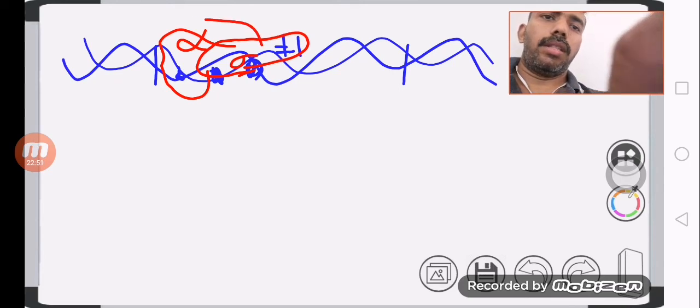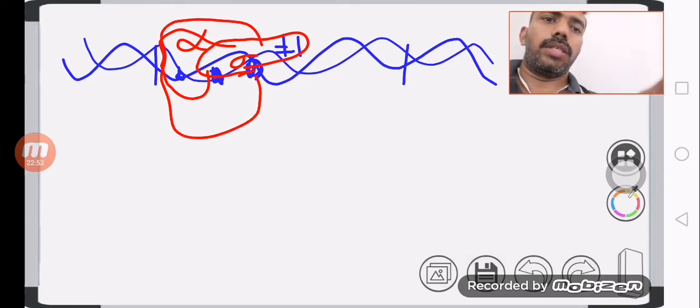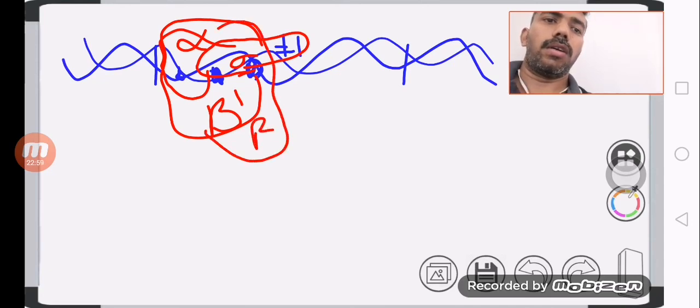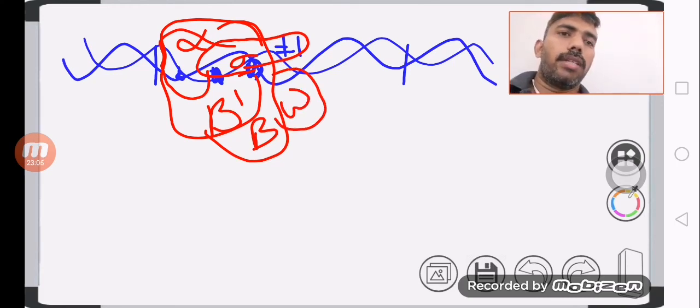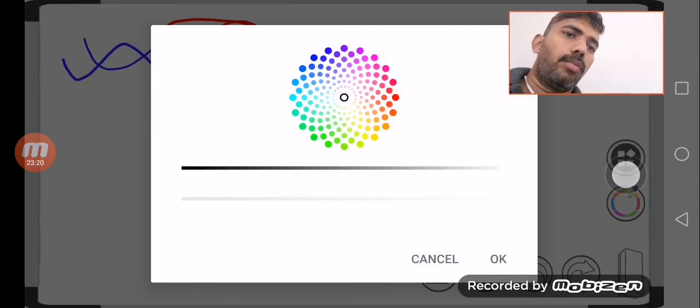Then there will be the beta prime, which is the biggest subunit, then the beta subunit, and also the omega. All these different subunits interact with the promoter region, and this causes initiation to begin.